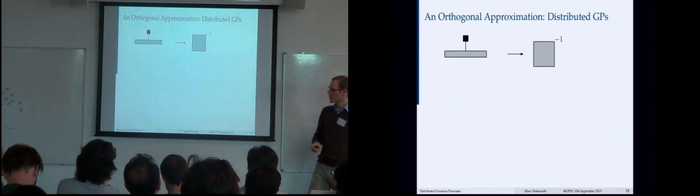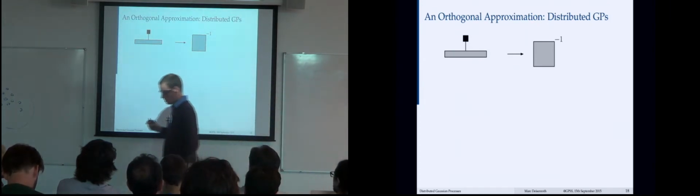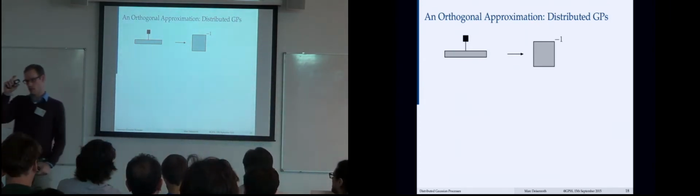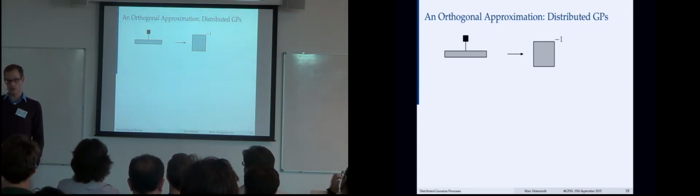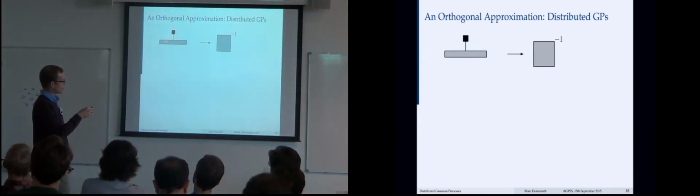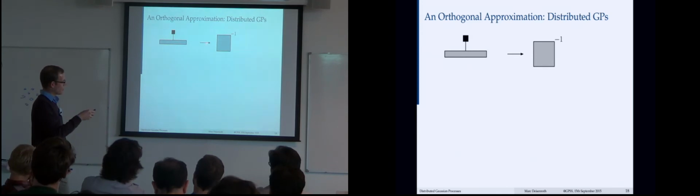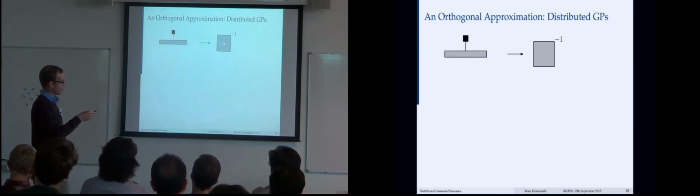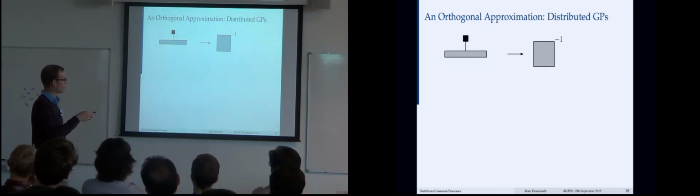Anyway, one of the things that is really complicated to compute is the inverse of the kernel matrix. So assuming we have a data set here, we need to compute the inverse of the kernel matrix.